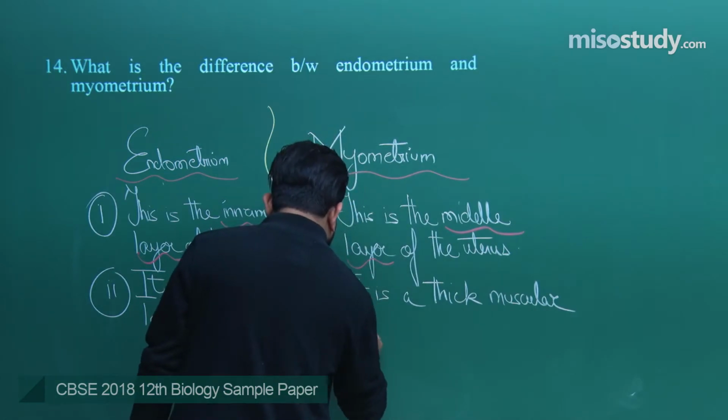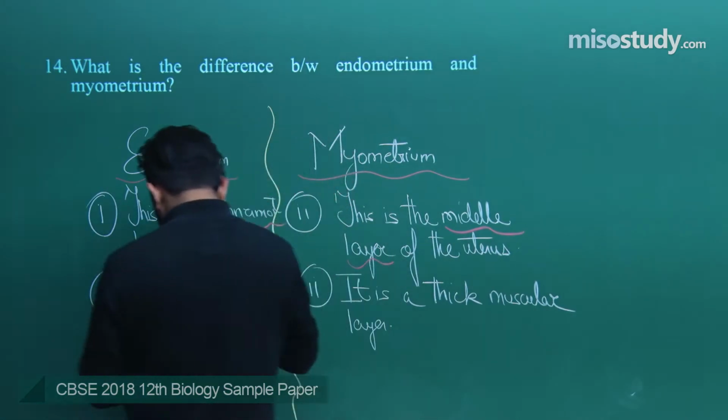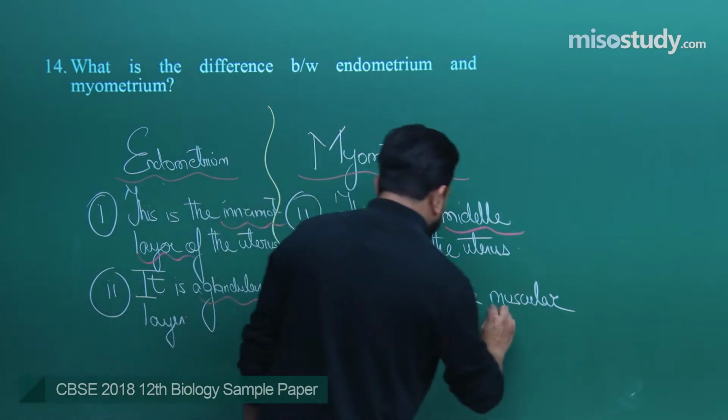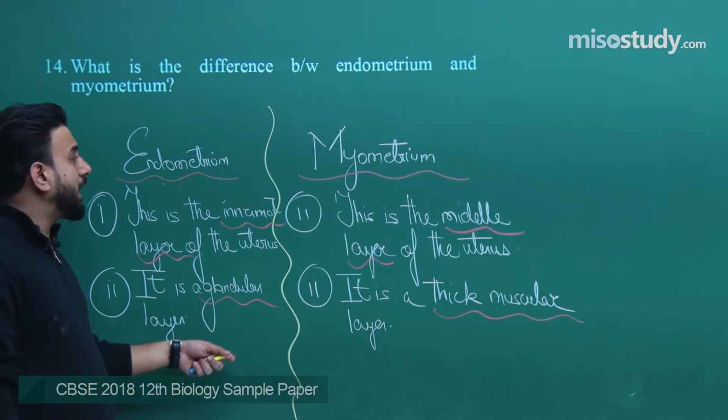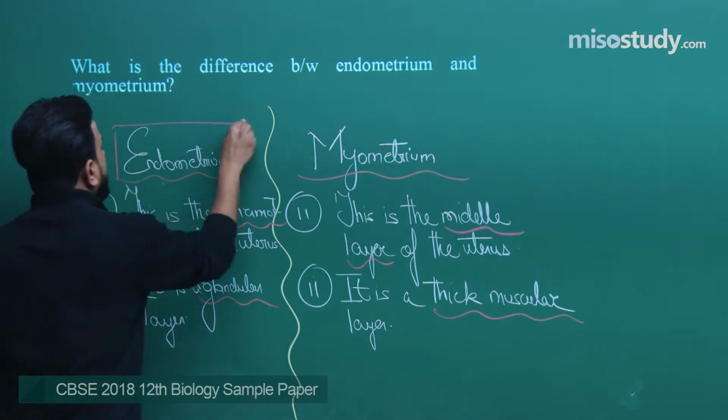So clear? Endometrium is a glandular layer and the myometrium is a thick muscular layer.